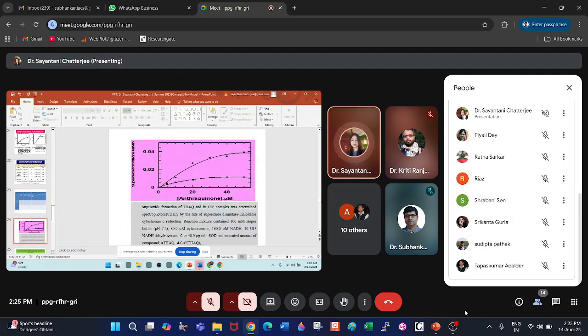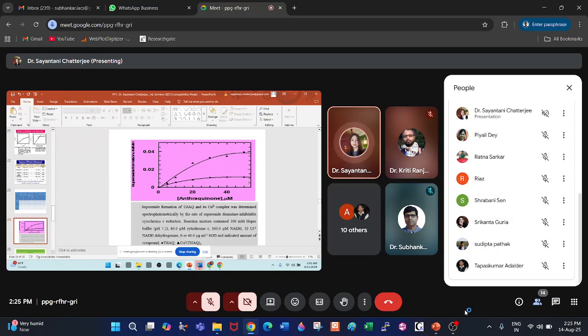Now, the enzymatic assay was performed to calculate the superoxide formation. And superoxide formation of THAQ, that is quinalizarin, and its copper complexes was determined spectrophotometrically by the rate of superoxide dismutase inhibited cytochrome C reduction. And it was found that in the case of the metal complex, a carbonyl of each quinalizarin is engaged to the copper ion.